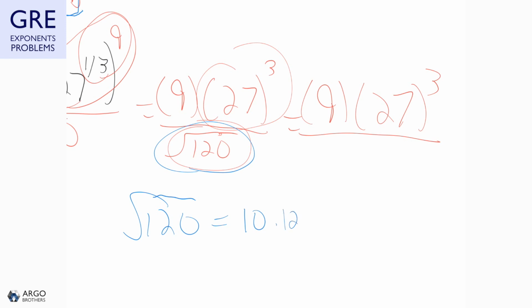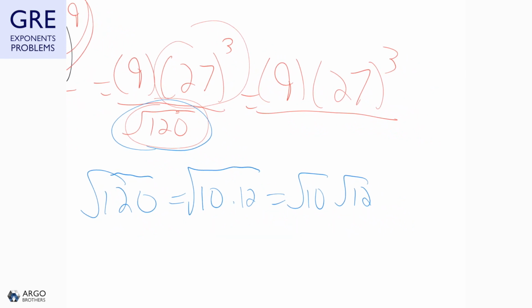Okay, so if 120 is the same as 10 times 12, then we can break this apart as radical 10 times radical 12. All right, great. And now, we don't have a perfect square yet, so we can go even further. We can say that the square root of 12 is the same as the square root of 4 times the square root of 3, because isn't 4 times 3 12? Yes, it is. And bring down the square root of 10.